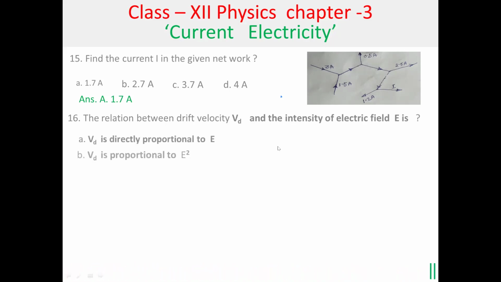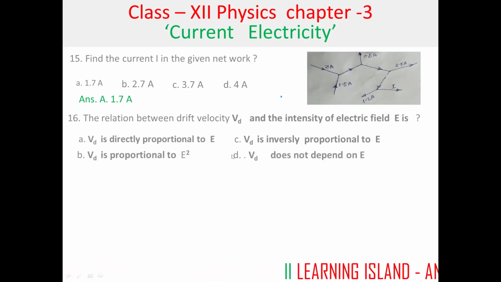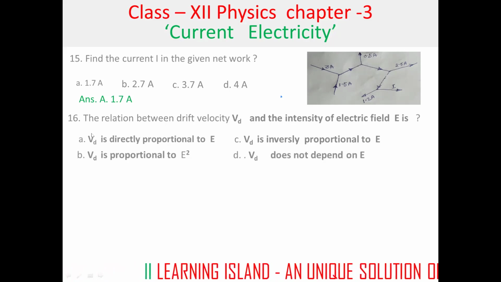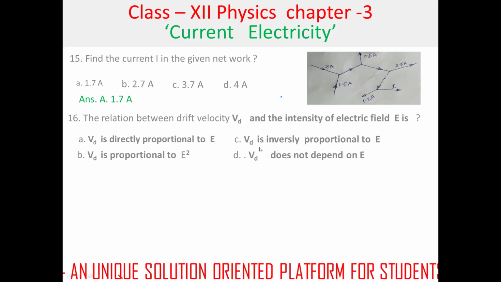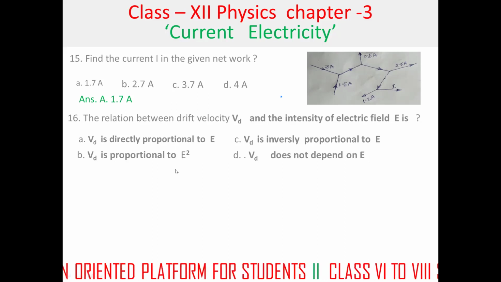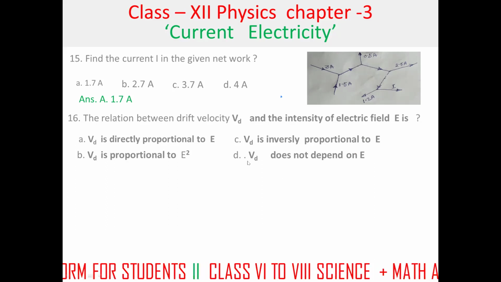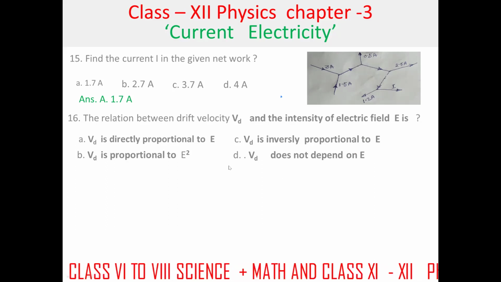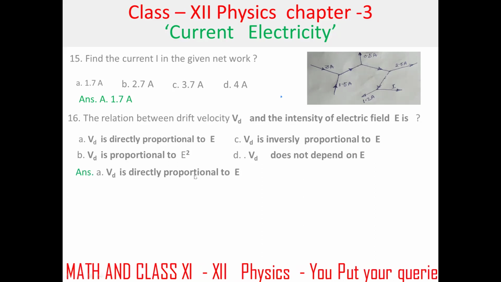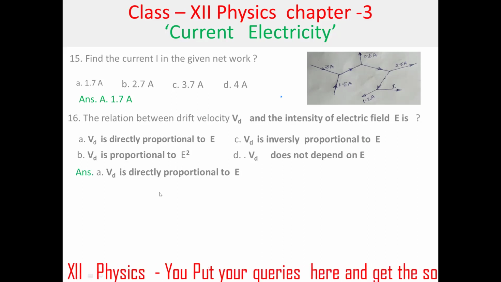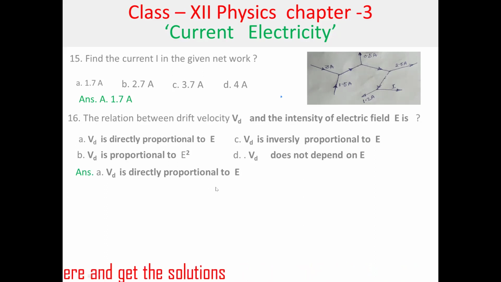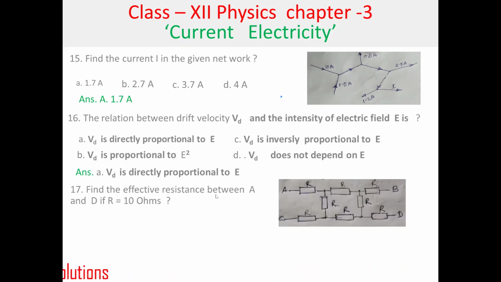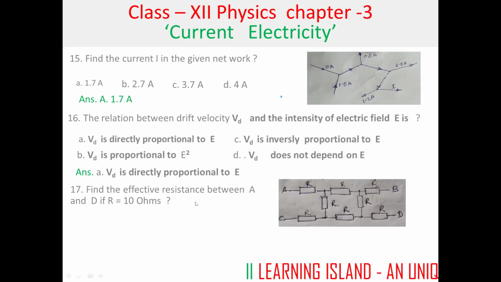These options are C. Vd is directly proportional to E. Yes, I have earlier told you this is the relation. Vd inversely, no. Vd is proportional to E square, no. Vd does not depend on E, no. So answer would be Vd is directly proportional to E. As E increases, Vd increases, and as E decreases, Vd decreases.